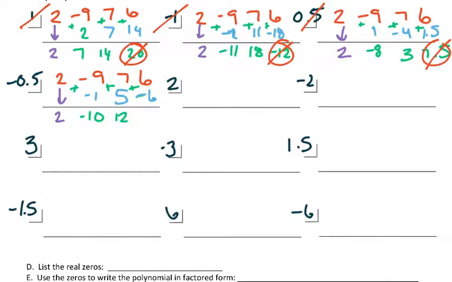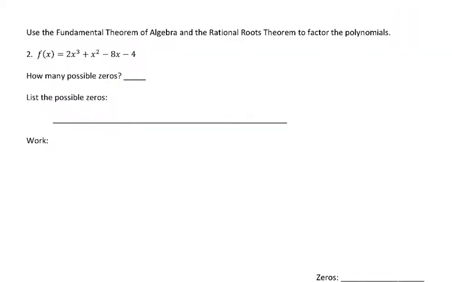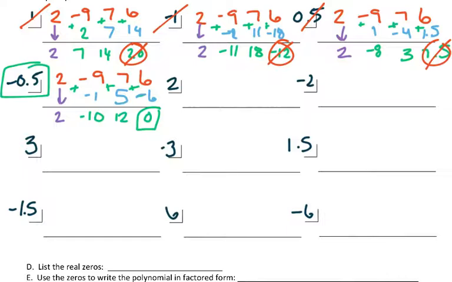Add -6 and +6, and oh my gosh, we get a 0. And so that means that one of our real zeros here is -0.5. Woohoo, we found one. Alright, so then we move on.